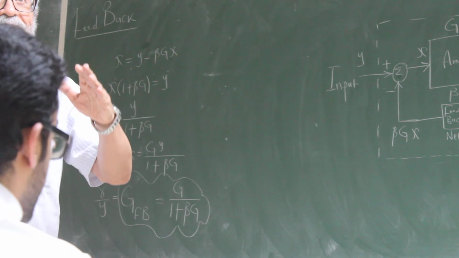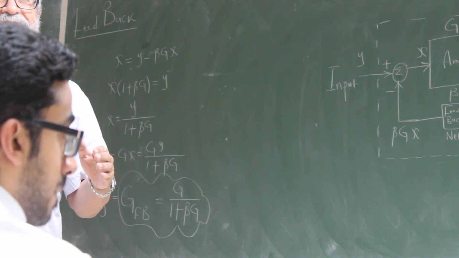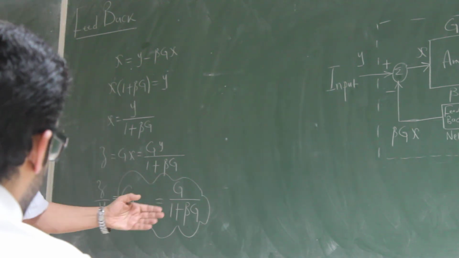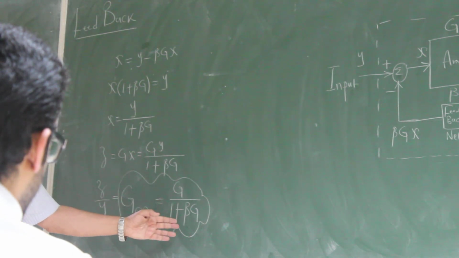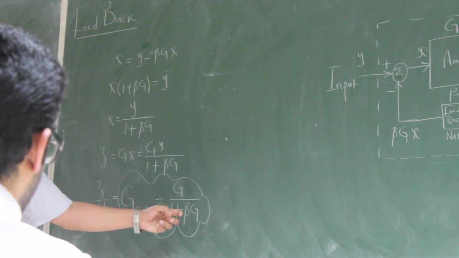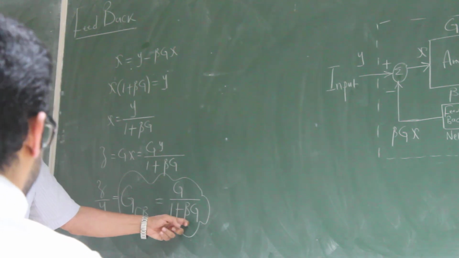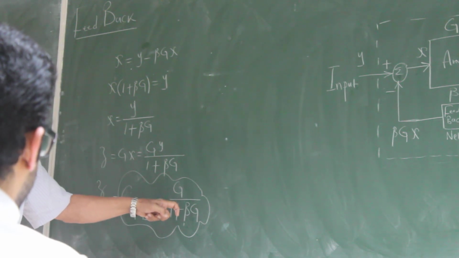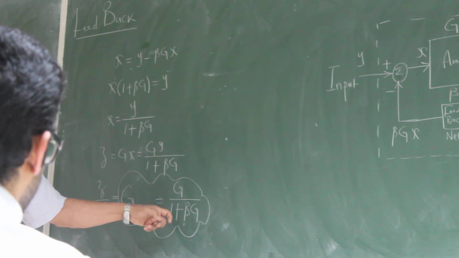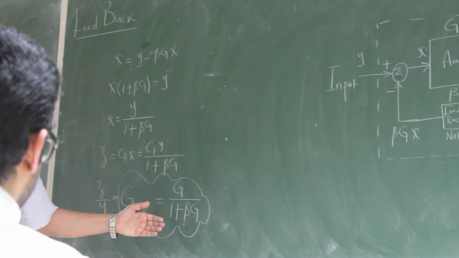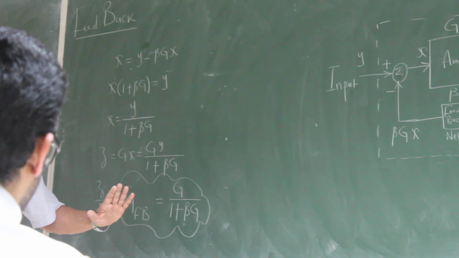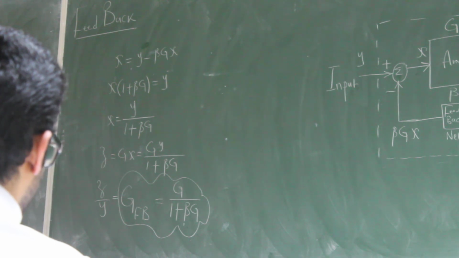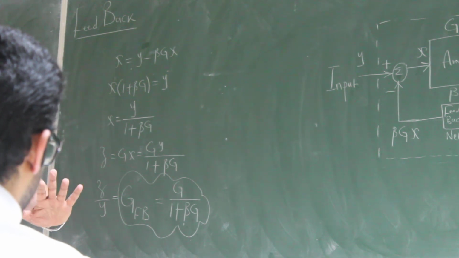If G is positive and beta is positive, definitely this quantity is greater than 1. The denominator will be greater than 1, and as such, the gain with feedback will be less than the gain without feedback, and this is definitely a disadvantage.